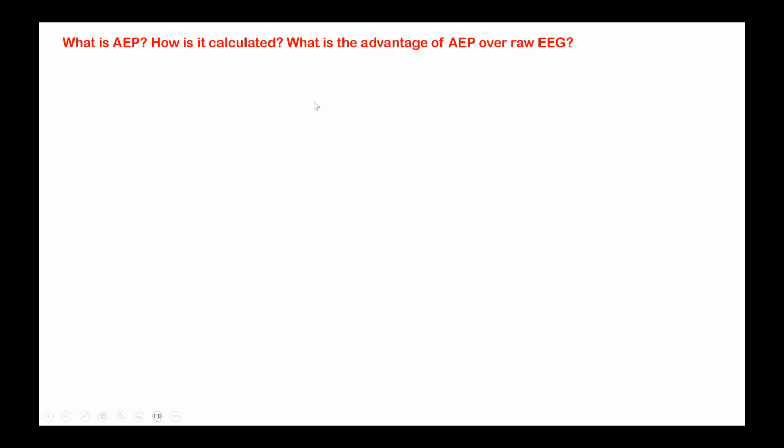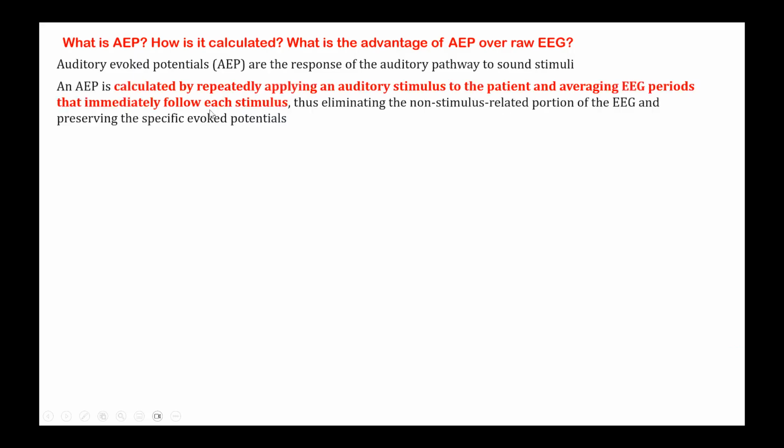And by calculating that response, they were able to find out whether the patient is really unconscious or the plane of anesthesia is adequate or not. So it's the response of the auditory pathway to sound stimuli, and it's calculated by repeatedly applying an auditory stimulus to the patient and then taking the average immediately following each stimulus, thus eliminating the non-stimulus related portion of the EEG also.